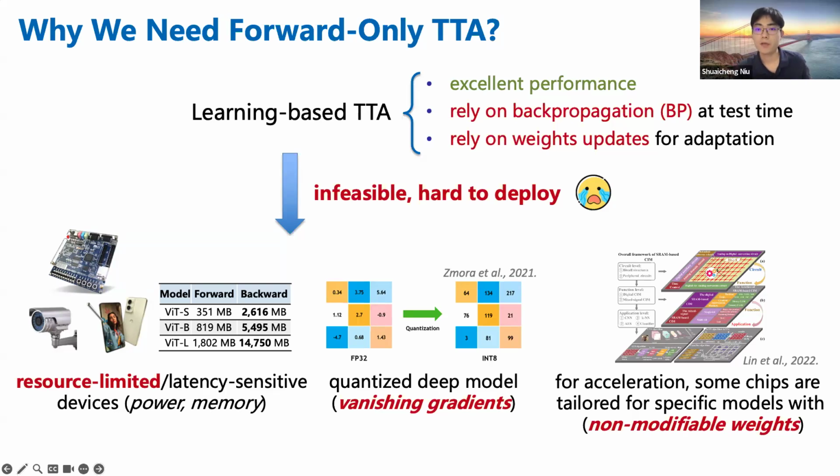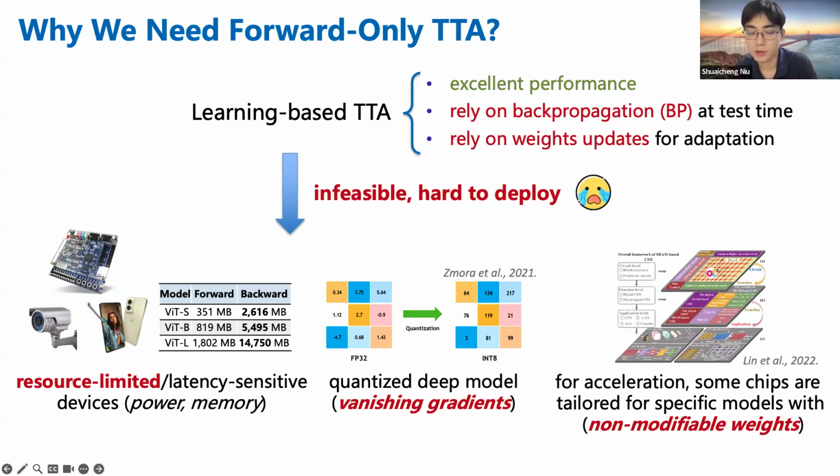Secondly, for efficiency consideration, deep models often undergo a quantization process before deployment. That is, the full precision trained model is often quantized with lower bits, to 8 bits or 6 bits or whatever bits, from its full precision version of 32 bits.